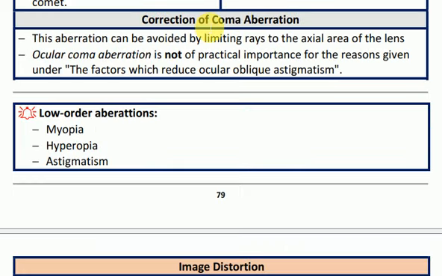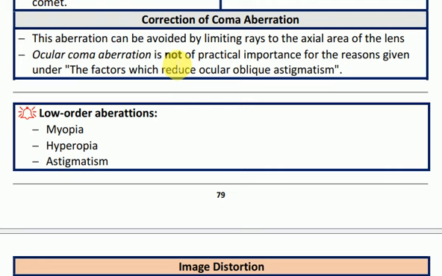Correction of coma aberration. As in the case of oblique astigmatism, this aberration can be avoided by limiting rays to the axial area of the lens, and by using the principal axis of the lens rather than a subsidiary axis.